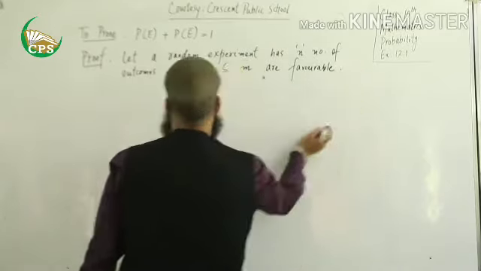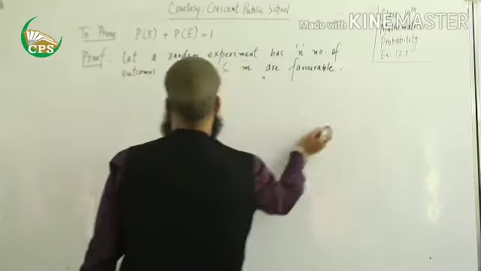That is 1, 2, 3, because there are 3 sample points in E. Now what is the number of not E, the number of not favorable outcomes? Not favorable outcomes means 1, 4 and 6. These are not favorable outcomes. So the number of not favorable outcomes is also 3. Why? Because it's total number of outcomes minus number of favorable outcomes.